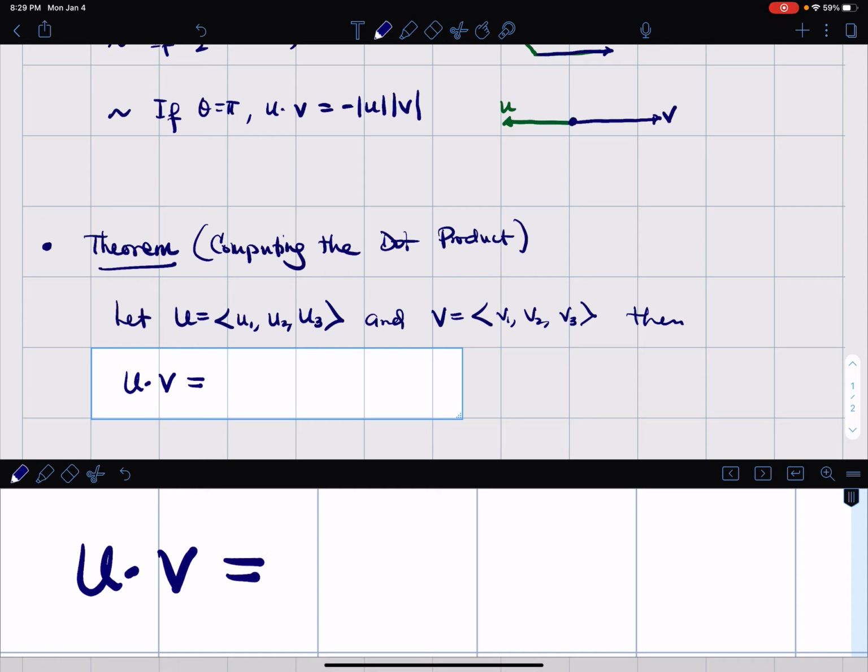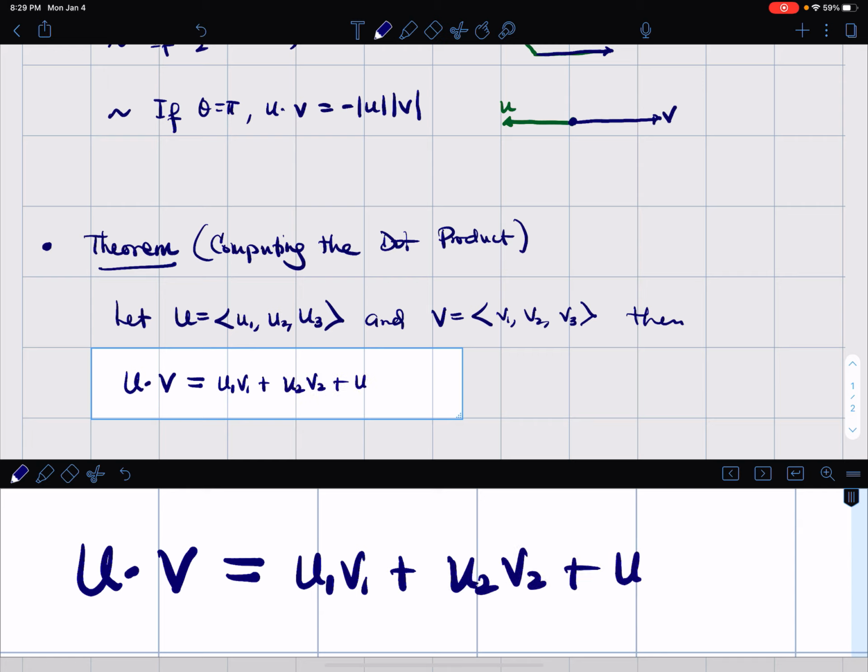U dot v is simply u1 times v1 plus u2 times v2 plus u3 times v3. Okay. Very simple. Just multiply them component-wise and add the results. All right. Let's do one example.